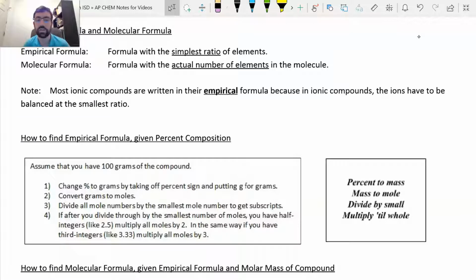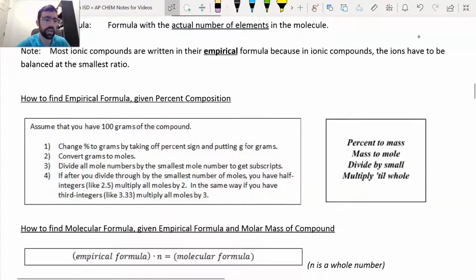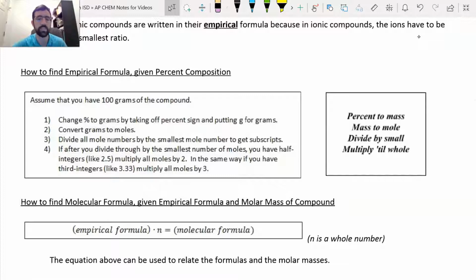Most ionic compounds are the empirical formula because in ionic compounds, the ions already have to be balanced in the smallest number ratio. So just remember that ionic compounds, that's why we simplify them. It's because their charge has to be canceled out, so we simplify it to the smallest whole number ratio.